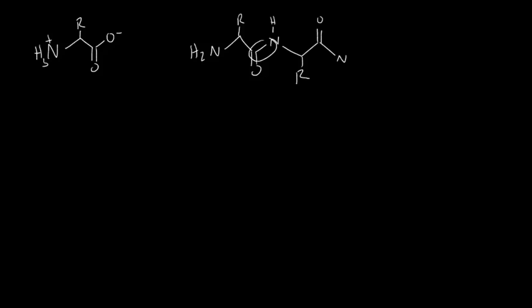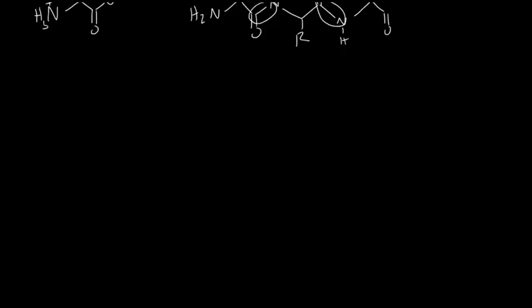We attach to a nitrogen through another peptide bond, our third R group, and we proceed in this manner. So when peptides form, we form these peptide bonds, and that gives these new polypeptides the properties of each of the individual amino acid side chains.